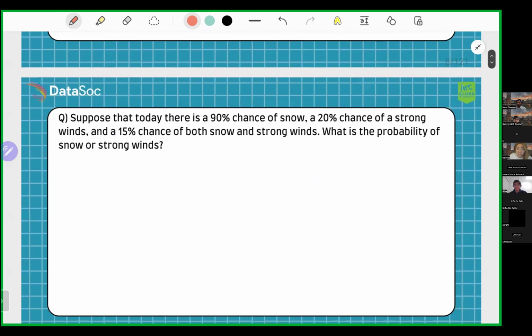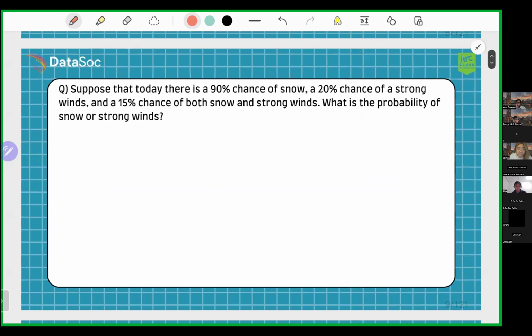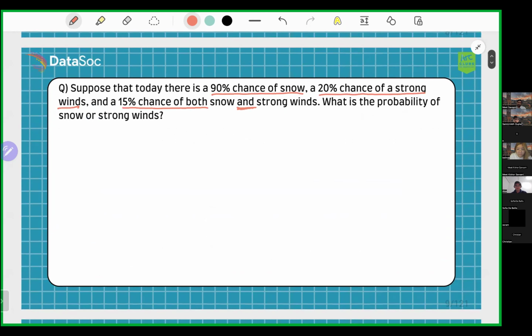So let's quickly jump onto examples. Let's start with a very basic question. Suppose that today there is 90% chance of snow, 20% chance of strong winds, and 15% chance of both snow and strong winds. So what is the probability of snow or strong winds? So let's try to solve the question.